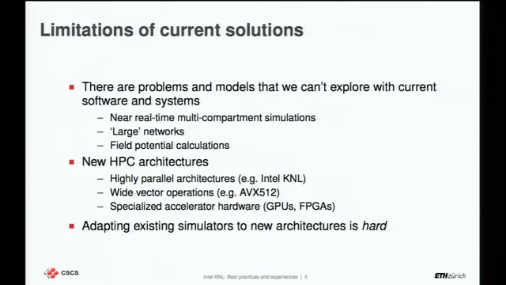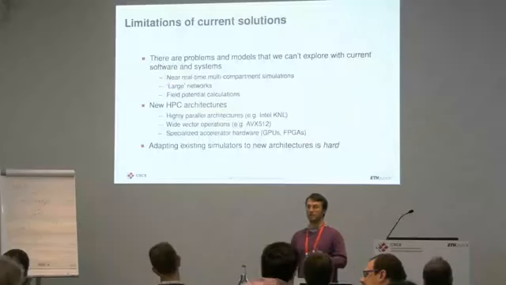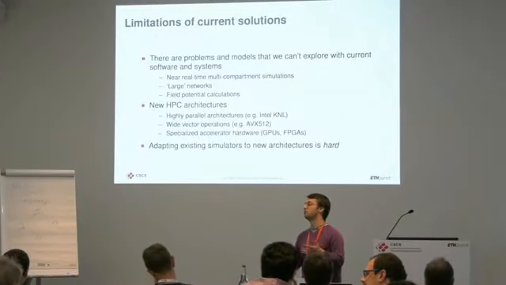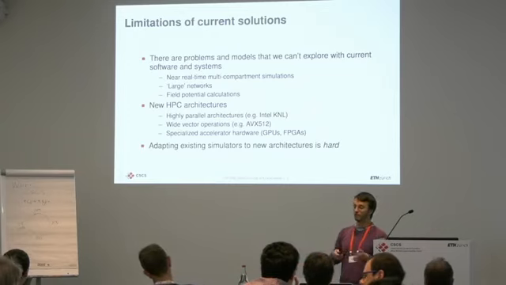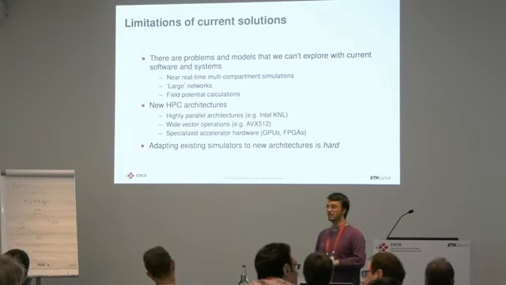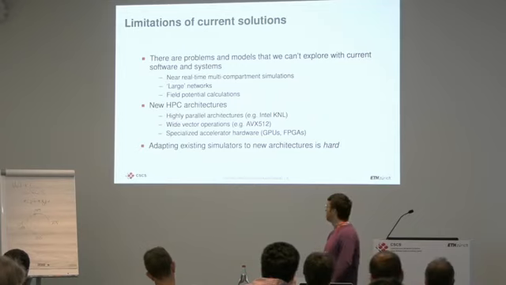And from the computer science perspective, there are the new HPC architectures. Most of these simulators were developed years ago, and they now have a huge code base, and porting to new architectures is not quite easy.